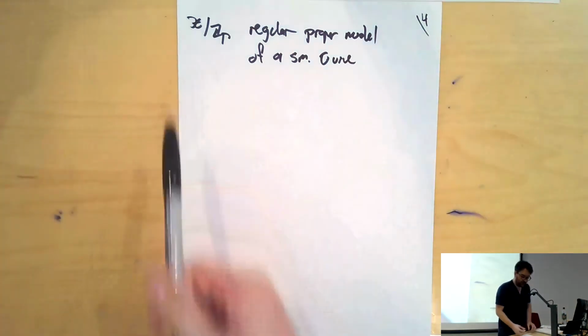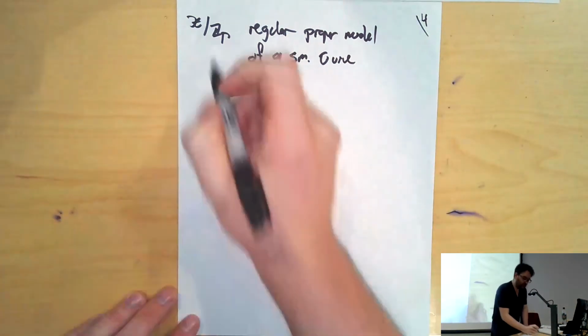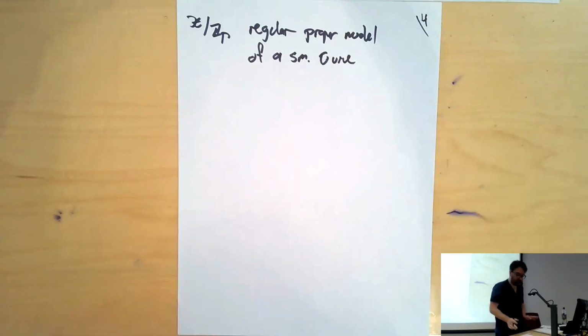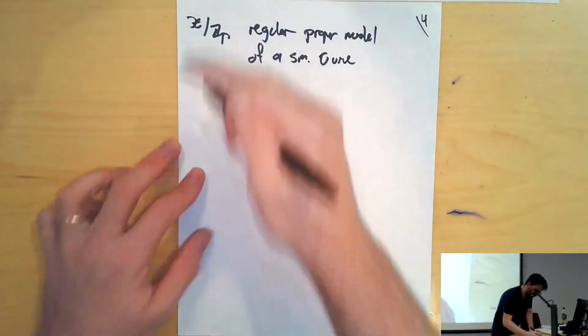The special fiber, mod p, might be singular, like in this example, but at least the total space is regular. Here is why the adjective regular comes up so frequently in arithmetic geometry.